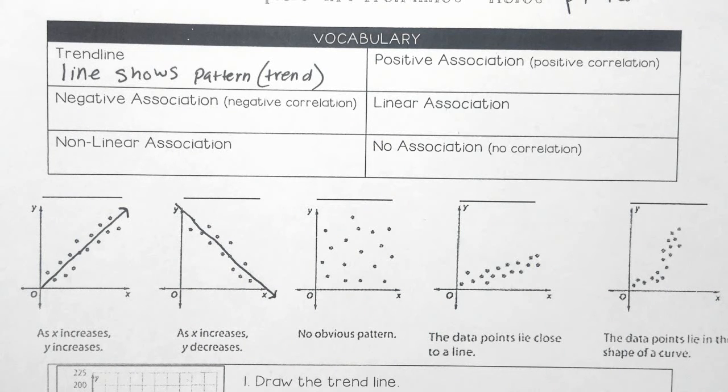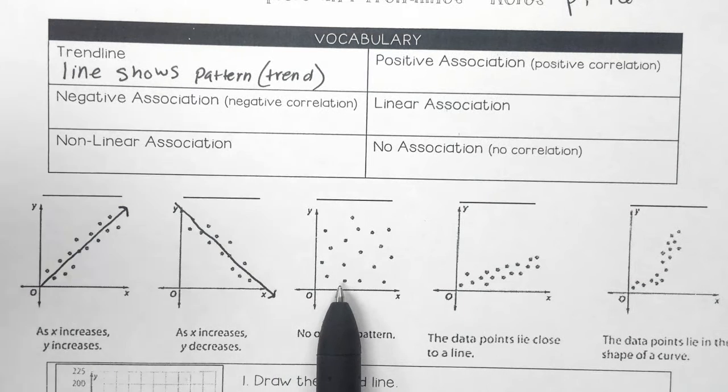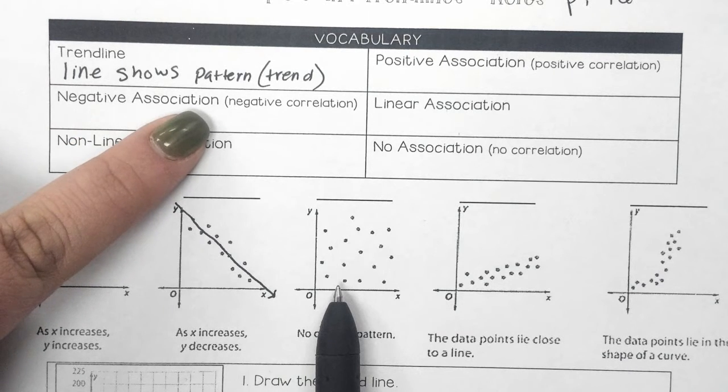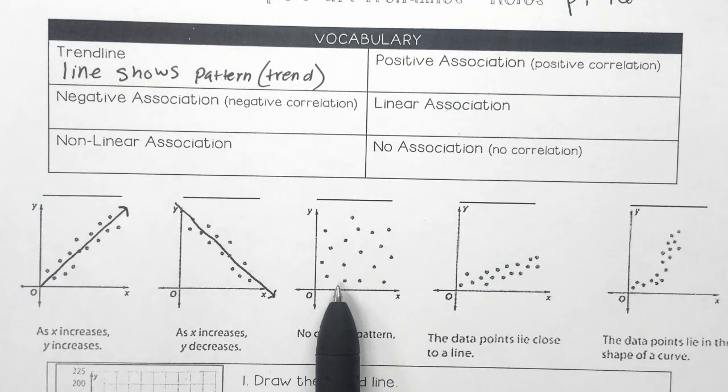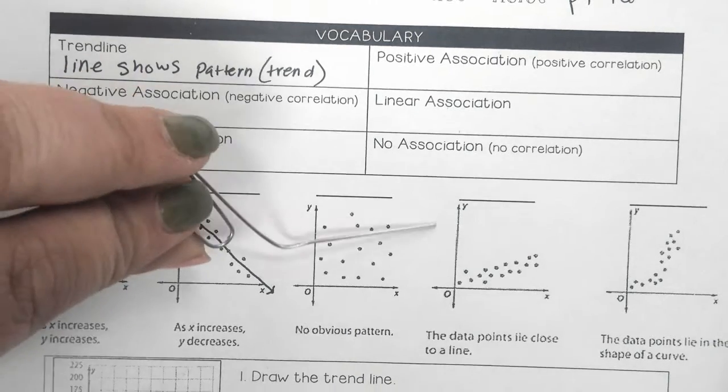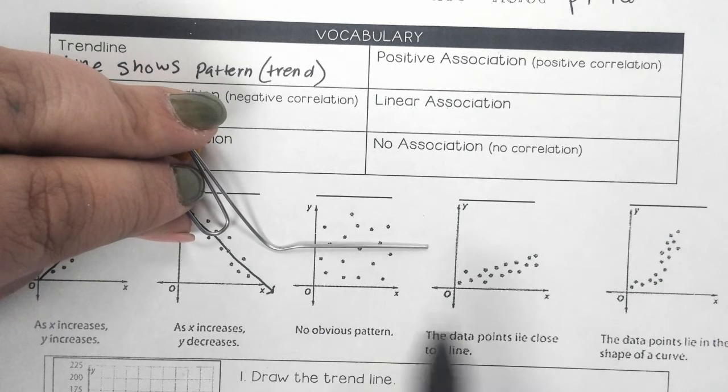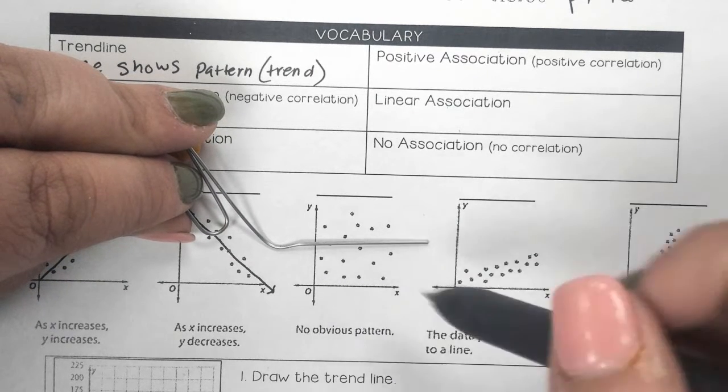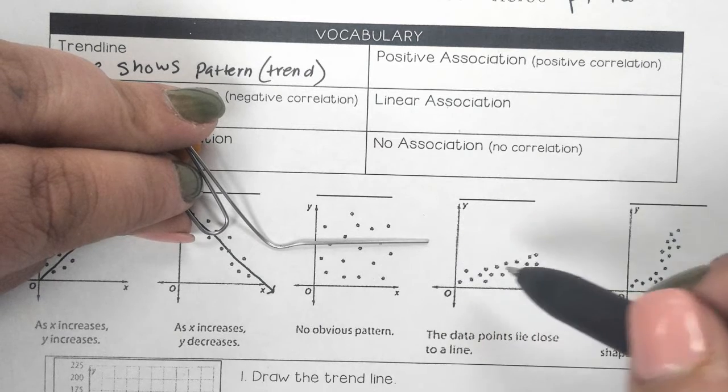Now, what I notice when I look at the third graph is I don't see any pattern, and since a trend line is just something that shows a pattern or a trend, I wouldn't be able to draw a trend line here. I could cut my data in half maybe, I could cut it horizontally in half, but that doesn't help me pick out another dot off to the right side.